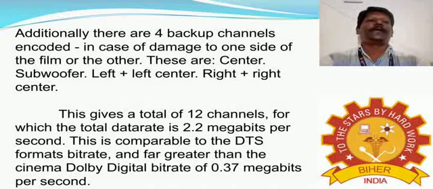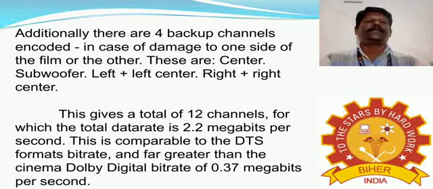Additionally, there are 4 backup channels encoded in case of damage to one side of the film or the other. These are center, subwoofer, left plus left center, and right plus right center.